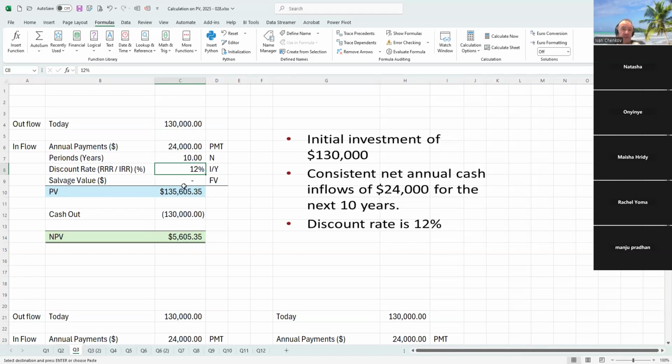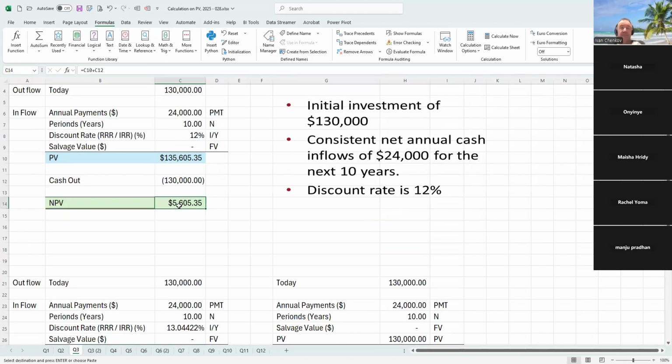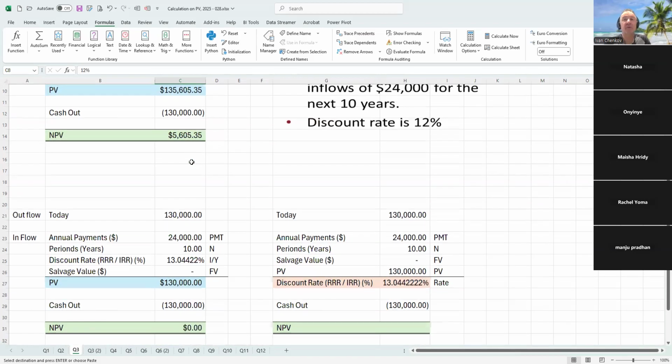Well, obviously this project has a positive net present value. Now my next question is, okay, what does that mean to me? That means you're reaching 12%. Yeah, but am I getting more than 12%? Yes, you are. How much more am I getting? That's where you calculate the internal rate of return of this project.